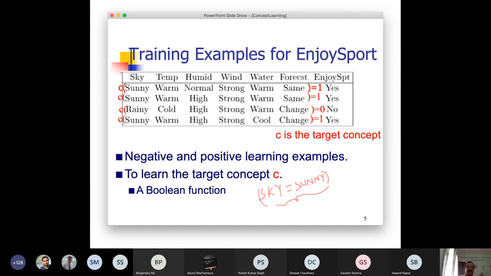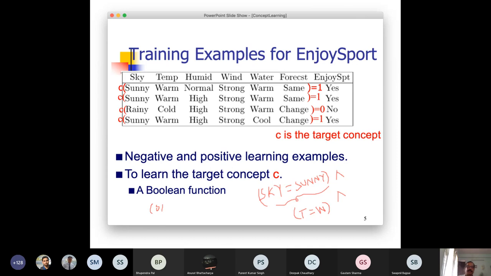These are the dimensions. What we are writing in conjunction form is sky equals sunny, which I have already written, then and, this is my and operation, then temp equals warm. Let me write it in a shorter way to save time: T represents temp, temp equals warm, and like this.